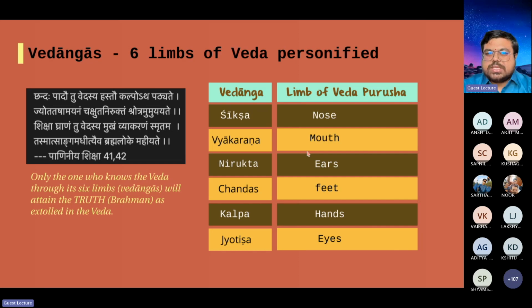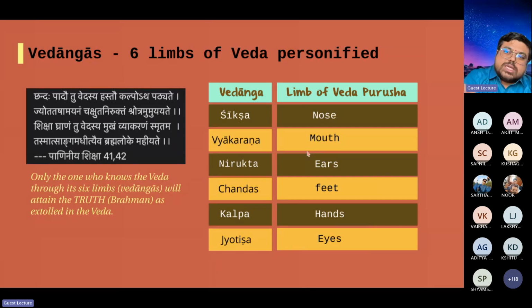Now the association of these limbs with the organs of a human body is not random. There is some secret, or there is some science, or there is some logic behind it. And the logic is as follows. Shiksha Shastra focuses on the way of utterance. Utterance of how long, how short, how high, how low. All these factors depend on the breathing that you do, and hence the nose, which is the symbol of the breathing element in your body that takes in the air and pumps out the air, is said to be associated with the Shiksha.